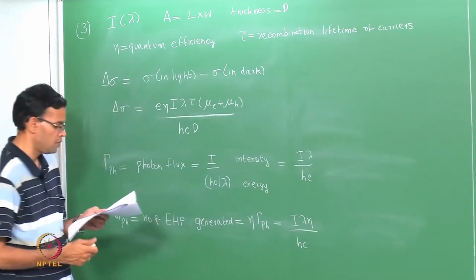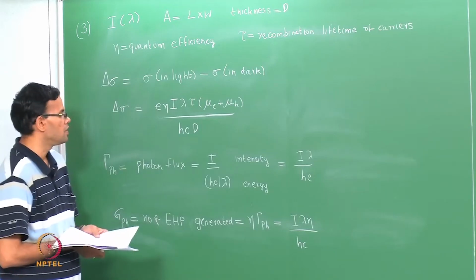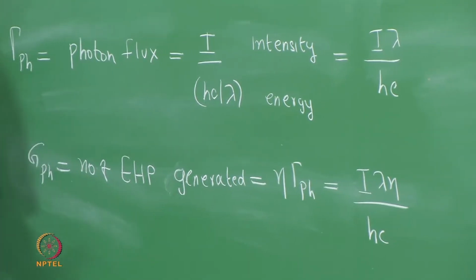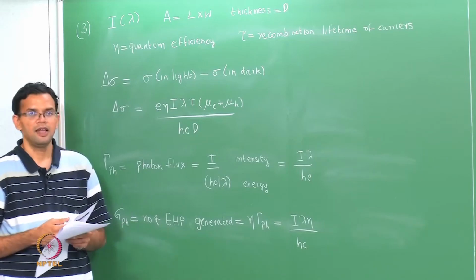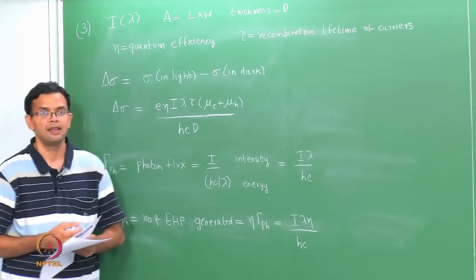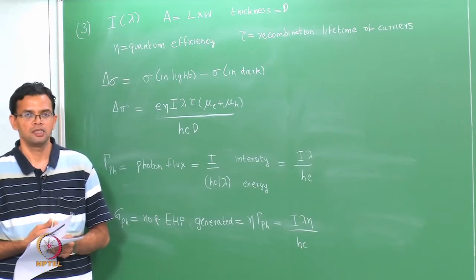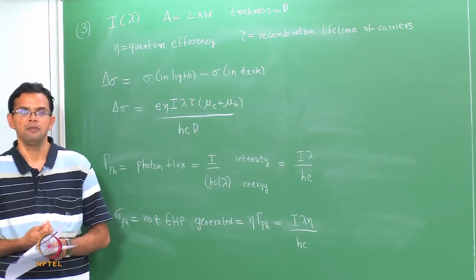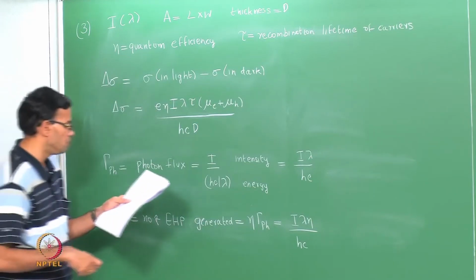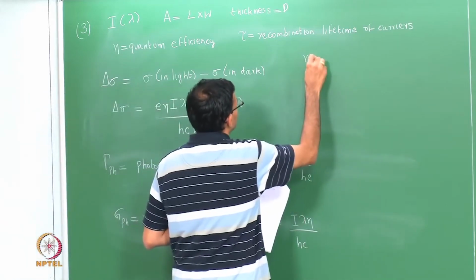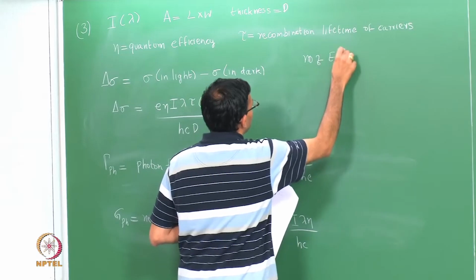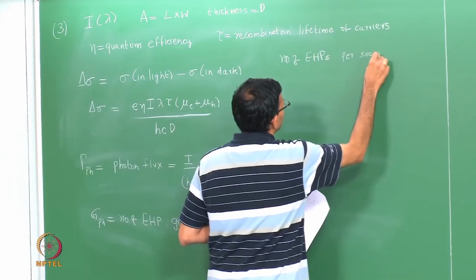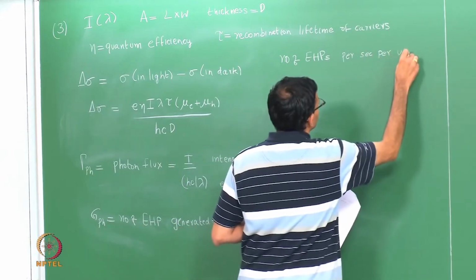In this particular problem the intensity is given per second, per unit area. So, to calculate the number of electron hole pairs that are generated per second per unit volume, we need to multiply by the area and also divide by the volume.